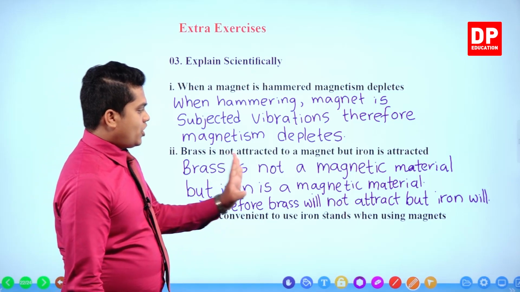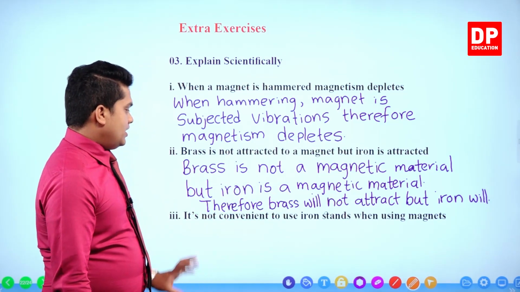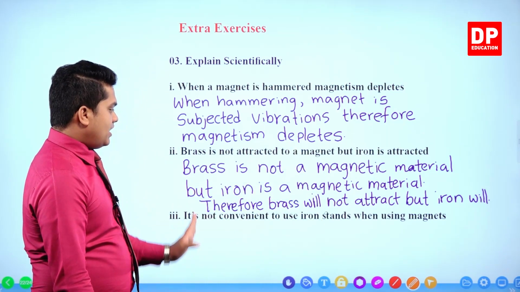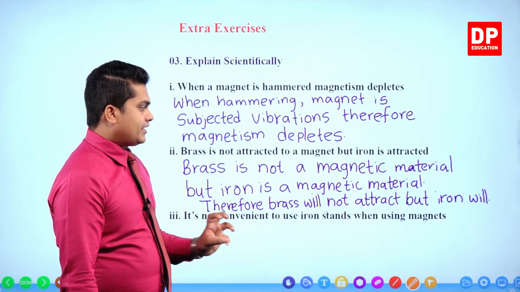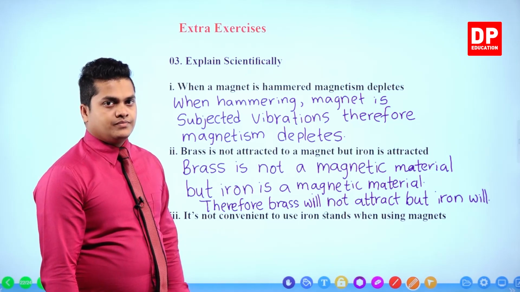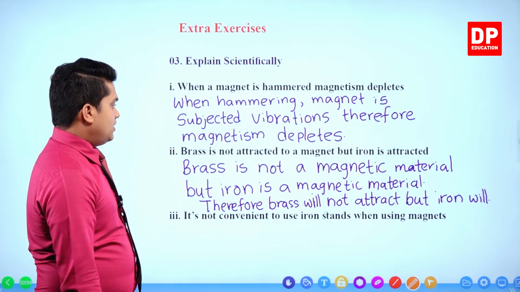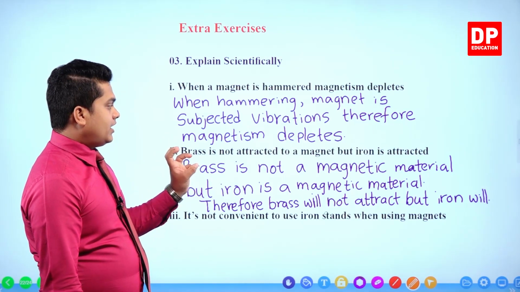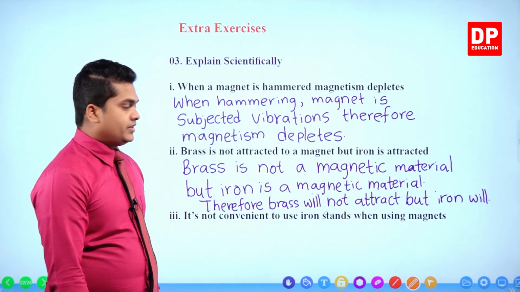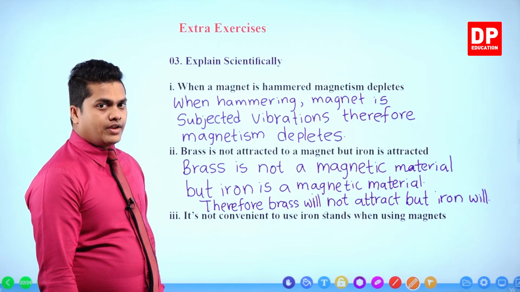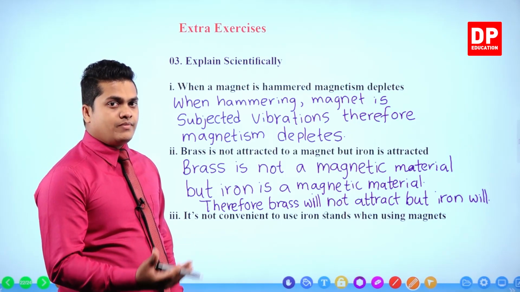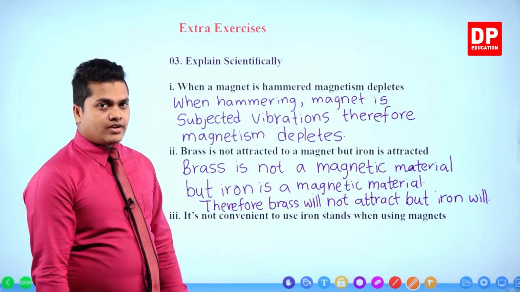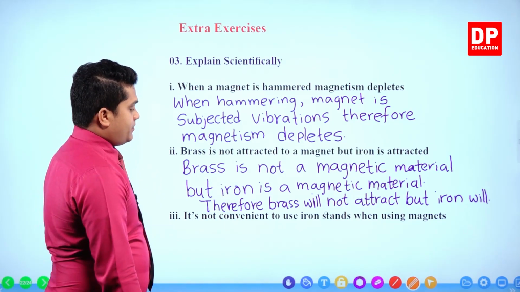So brass is not a magnetic material, but iron is a magnetic material. Therefore, brass will not attract, but iron will. So this is the answer for the question. Brass is not attracted to a magnet, but iron is attracted, right? Because brass is not a magnetic material, but we know that iron is a magnetic material, right?